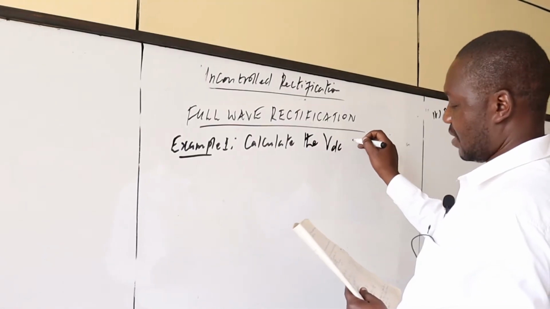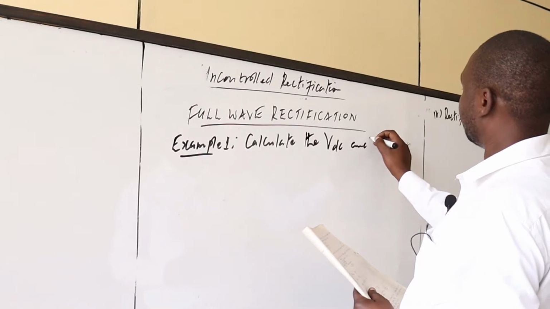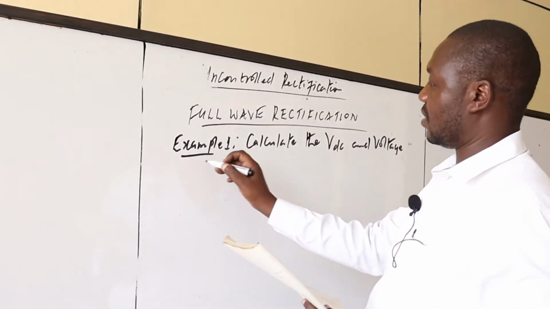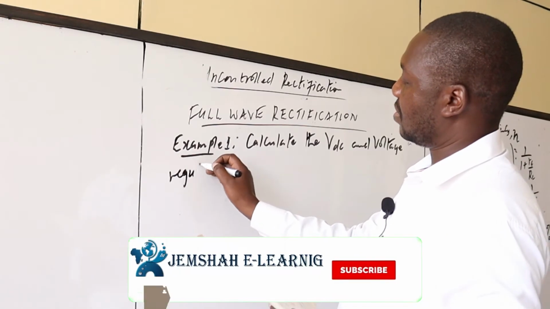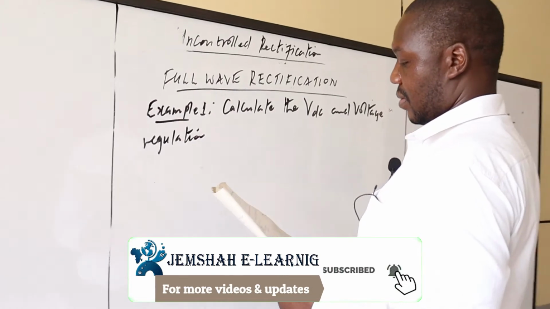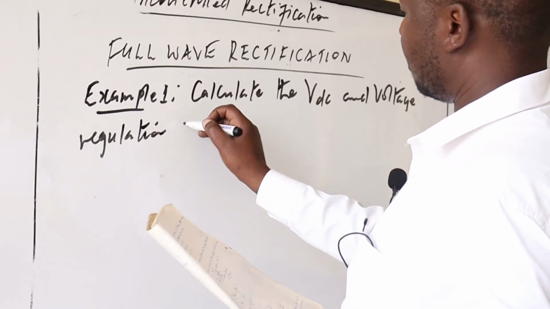So the first example, number 1: calculate the VDC and voltage regulation for the circuit below.